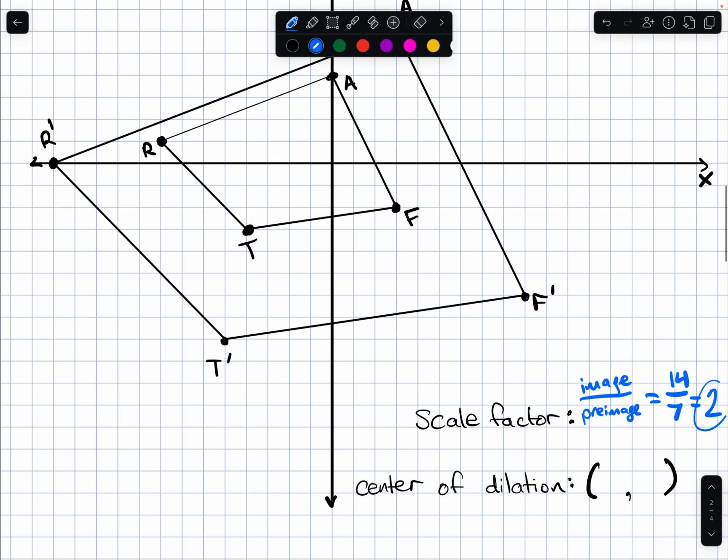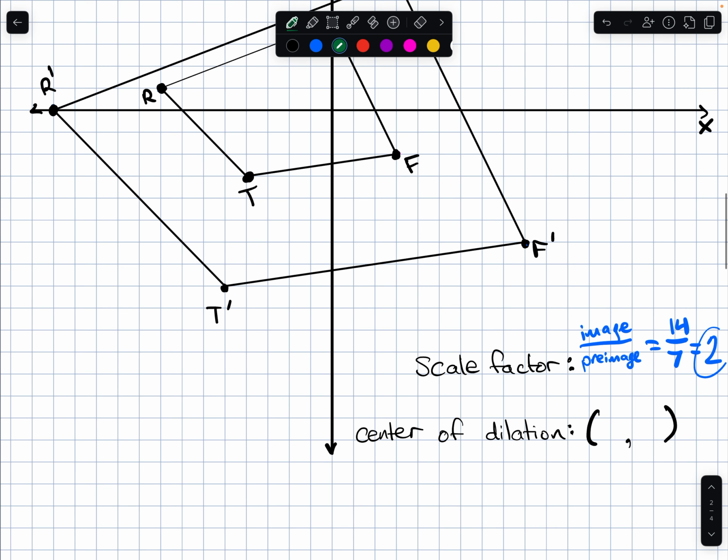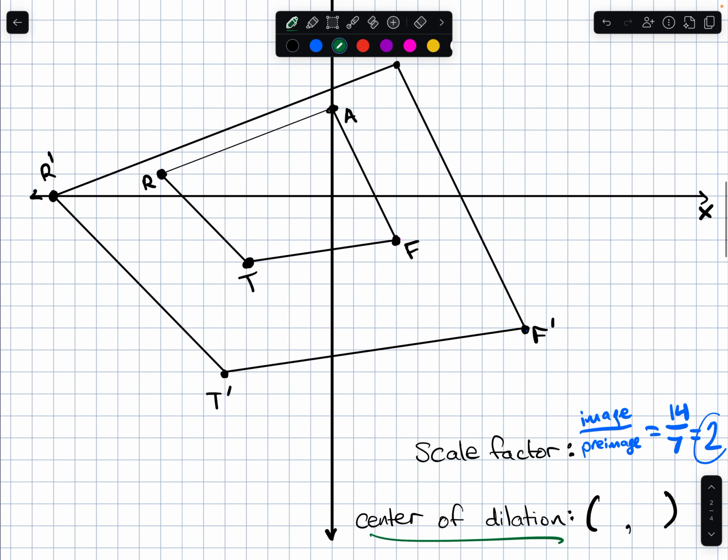I erased those blue marks because I want to show you how to find the center of dilation. We have a rule for dilation centered at the origin, where you just multiply x and y by the same number.